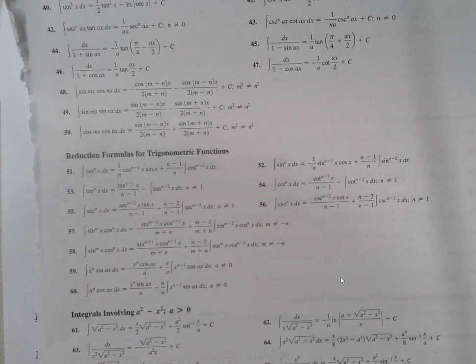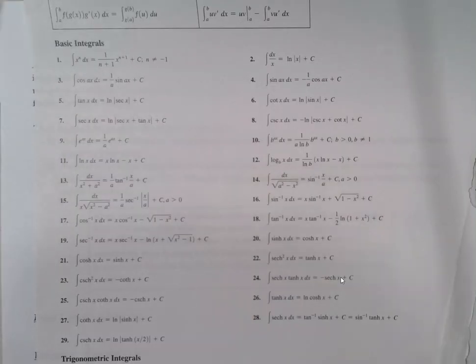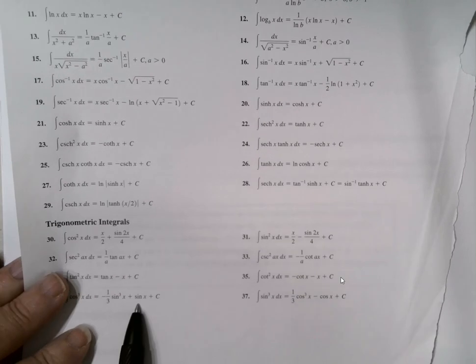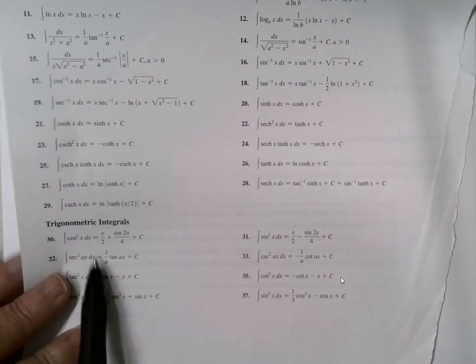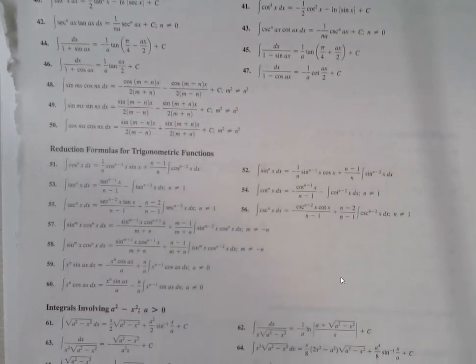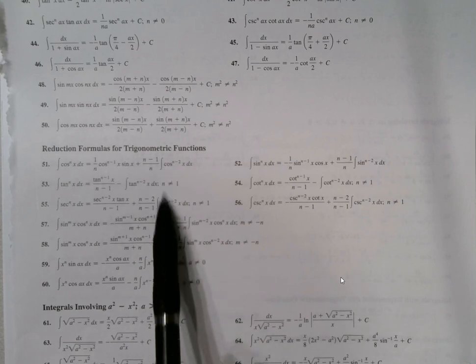Notice your table is organized by types. You've got a section of basic integrals. These are mostly the ones that are in your other formula sheet. You've seen them all before. We've got trig integrals in a section here starting with number 30 and continuing on down to number 50. You've got your reduction formulas specific to trig integrals.